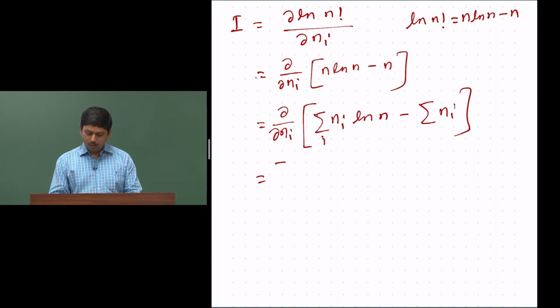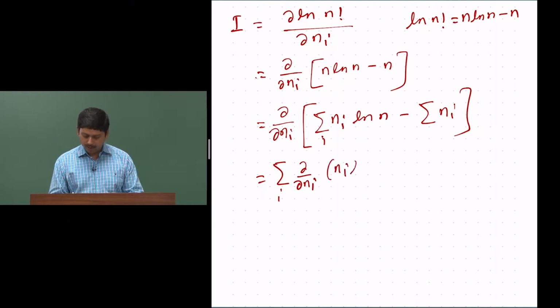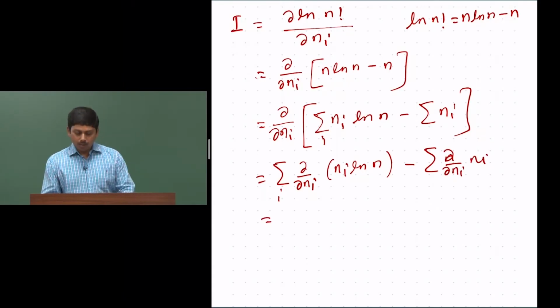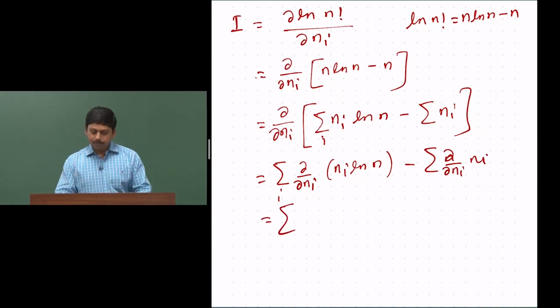Once I do that, I have the sum, and then I do del ni of ni ln n minus the sum over del ni of ni. Now, this is a product sum.